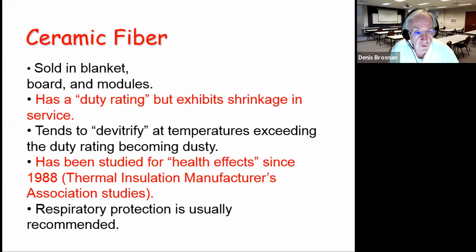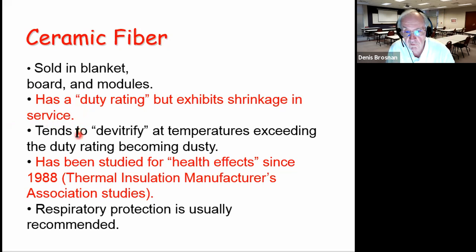And then, of course, there is ceramic fiber. Ceramic fiber is sold in blankets or folded and made into modules that can be inserted into the kiln wall with an anchoring system. They have a duty rating and exhibit shrinkage in service, especially if you exceed the duty rating.